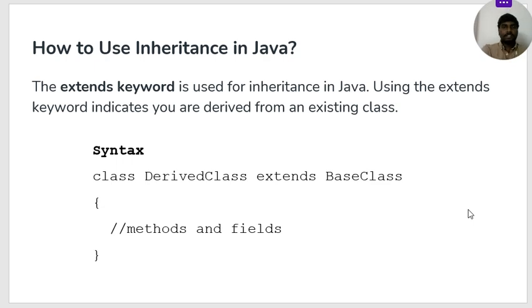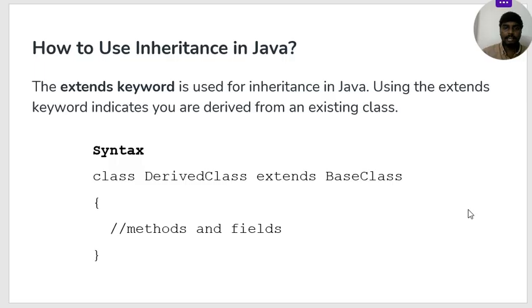What is the syntax for inheritance in Java? We use a keyword called extends for the inheritance mechanism. The syntax is class. You know the class syntax. We have to write the class syntax with the class keyword and the class name.